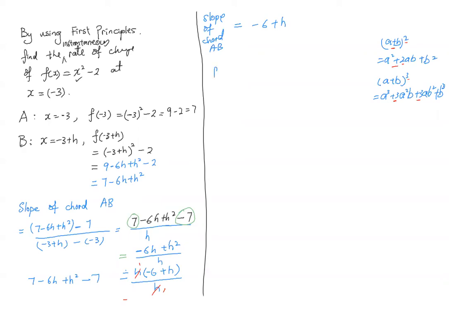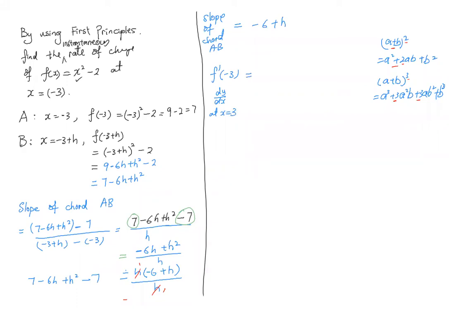So we write down by the first principle, the principle of limit. When I say f prime 3 or f dash 3, I mean dy dx at x equal to 3. Are you clear? So this is the same meaning.